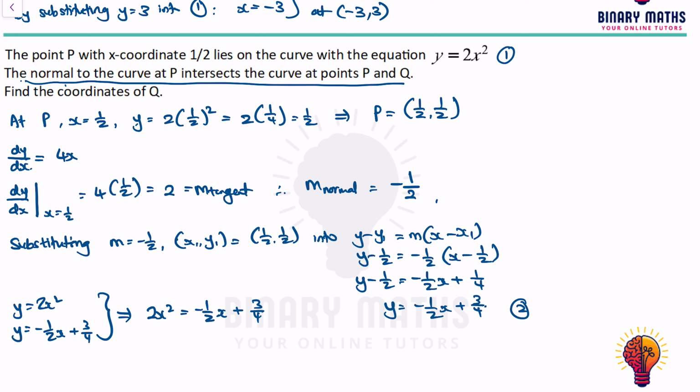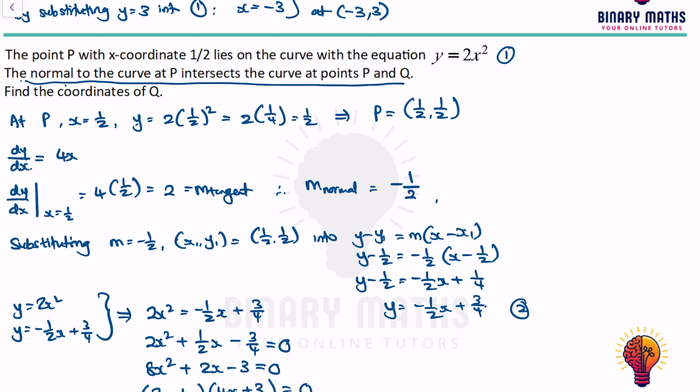I take everything to the left hand side, then I get 2x squared plus a half x minus 3/4 equals 0. If I multiply through everything by 4, then I get 8x squared plus 2x minus 3 equals 0. And I can easily factorize this, which gives me 2x minus 1 in one bracket and 4x plus 3 in the other bracket.